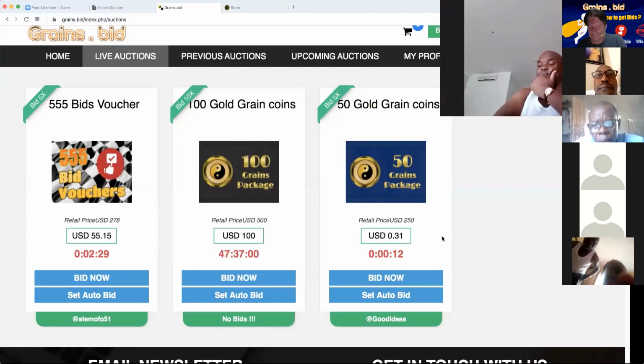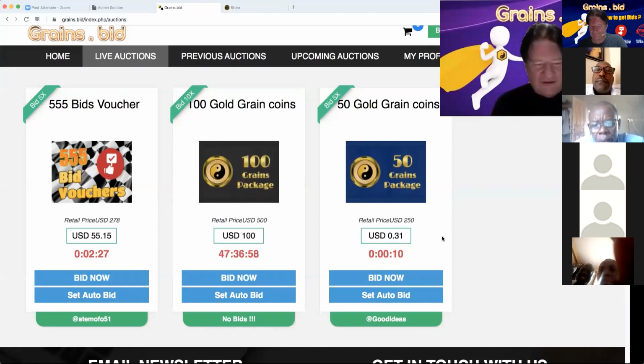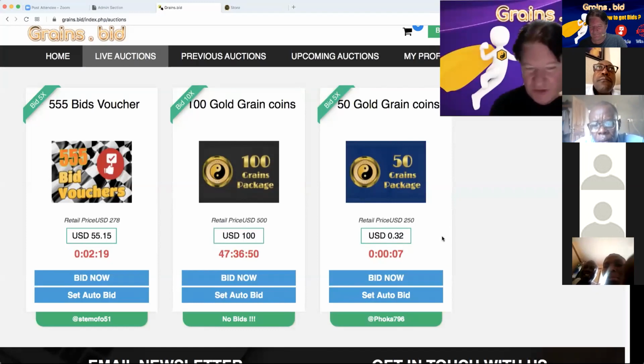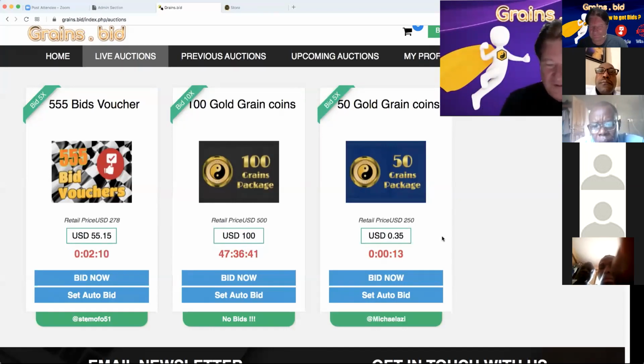2 minutes on the other one, 555 bid vouchers. If you're distracted from one to the other, which one would you take? They're roughly the same retail value, $250 for the 50 grain package, and $278 on the 555 bid vouchers.